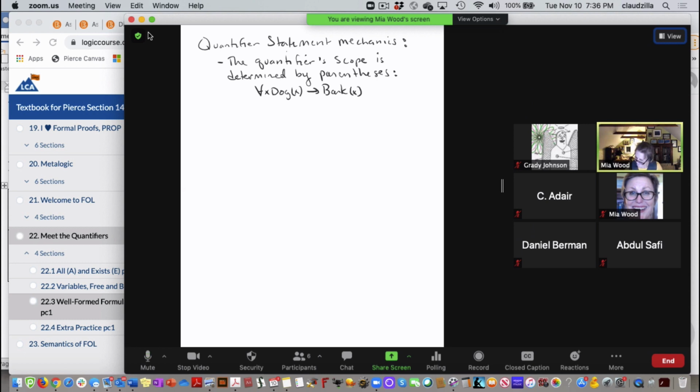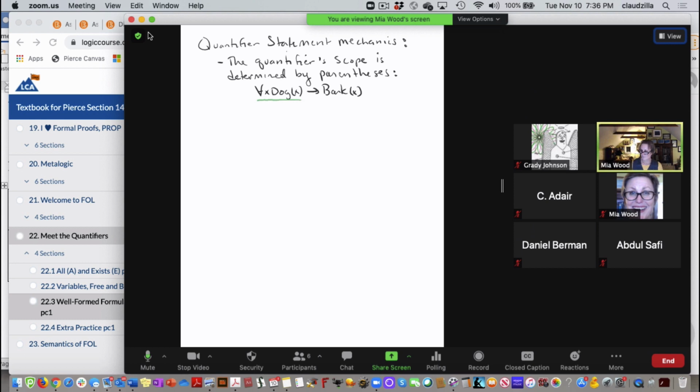Right now, the scope of the quantifier covers only dogs. For every x, if x is a dog, I mean, that's roughly what's being said, right?